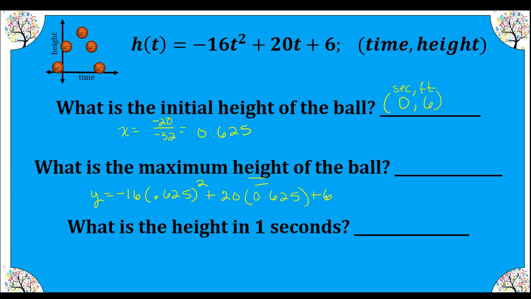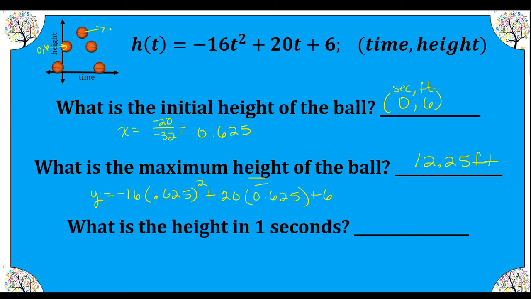So now let's use our calculator, parentheses when needed. We have negative 16 times 0.625 squared plus 20 times 0.625 plus 6. And we get 12.25 feet.